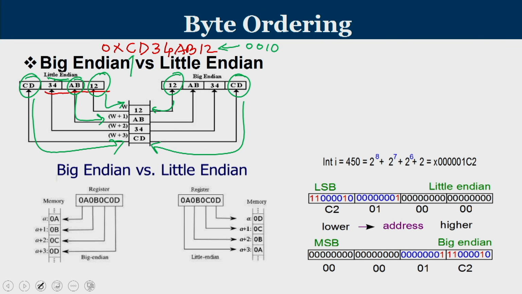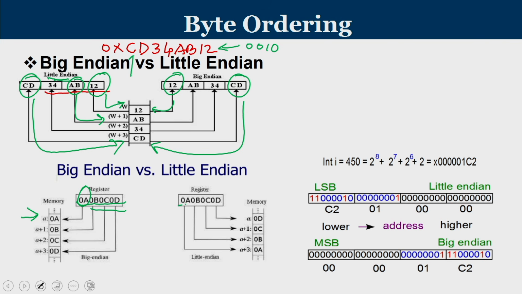Consider the case wherein in a register you have the value 0A, 0B, 0C and 0D. This 32-bit number, or 4-byte data, upon storing in big endian format, has the most significant byte 0A stored in the lower address, the address small letter a, and the next higher addresses carry the remaining bytes in sequence.